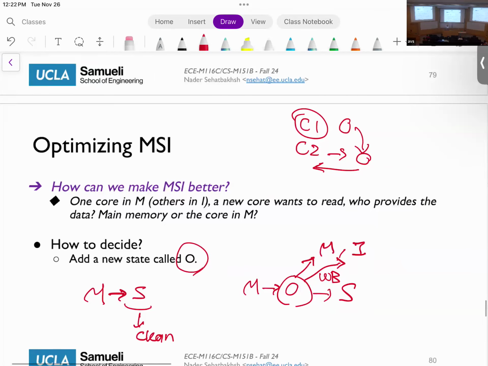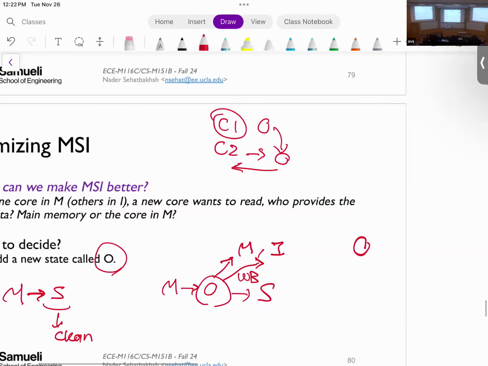Yeah, good question. If you are the owner of data, whenever any of these, either M or O, for any reason is decided to be evicted, it will be written back to the memory, okay? Because it has the dirty bit. Let's say, for example, there are also other cores in S, so they already have the data.